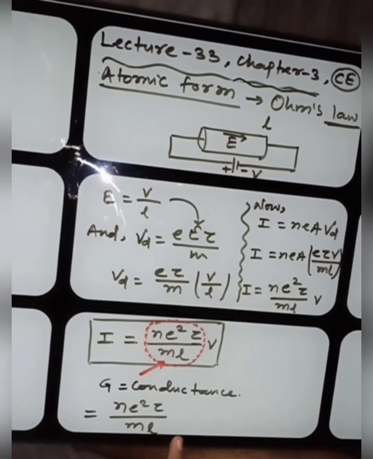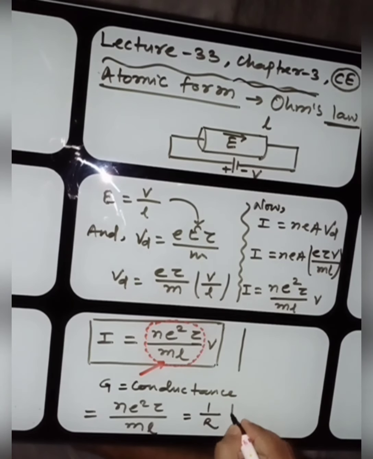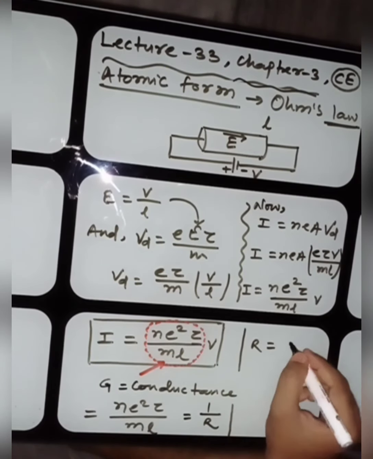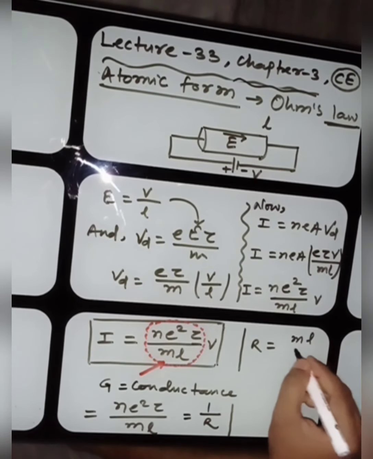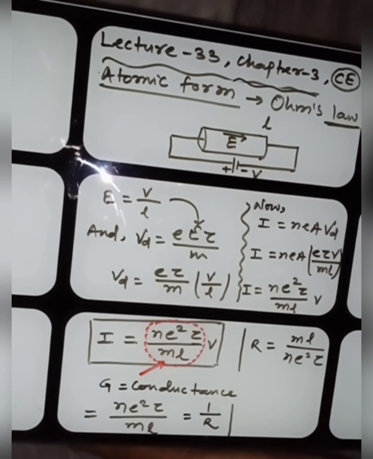So this is the conductance, and it is reciprocal to the resistance. Try to remember. It means you can write 1 by R for this also. And what will be R? If you write this R, then R will be, since it is reciprocal, mL by ne²τ.